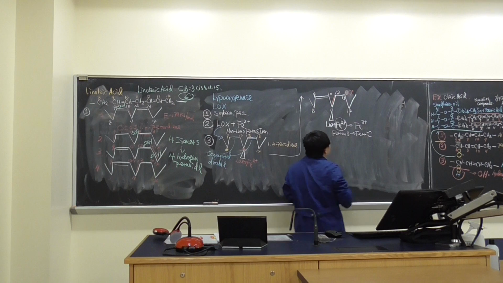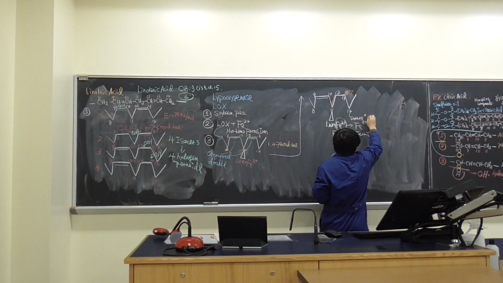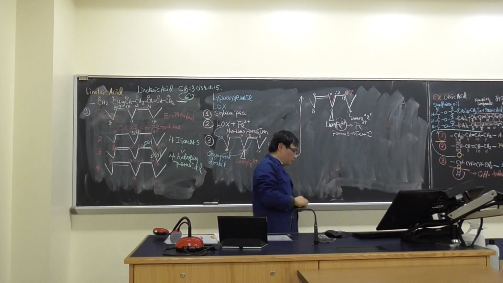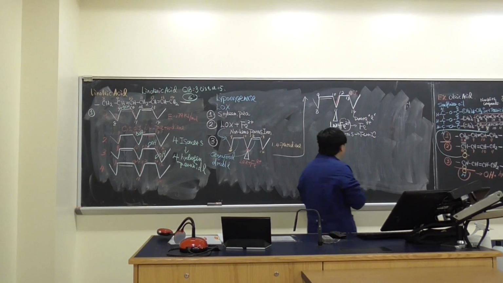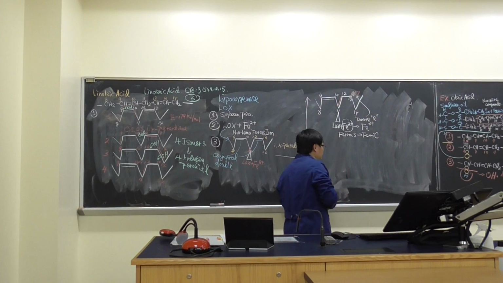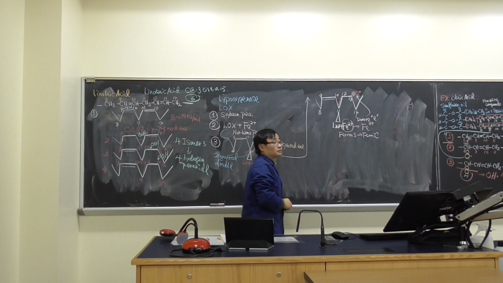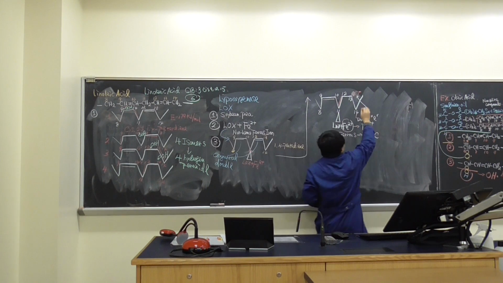Once it becomes ferric, what does that mean? It donates 1 electron. So when it donates 1 electron, where does it go? It attaches to this alkoxy radical there. Therefore, this becomes a minus.